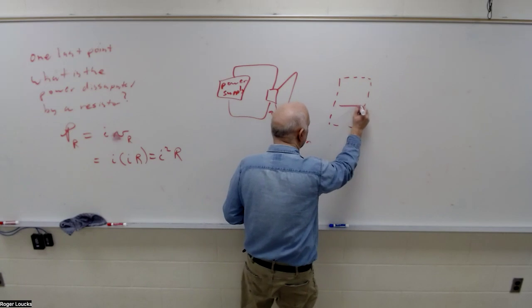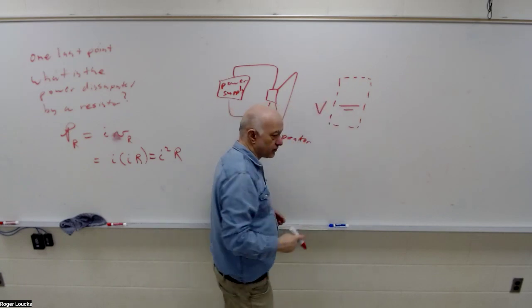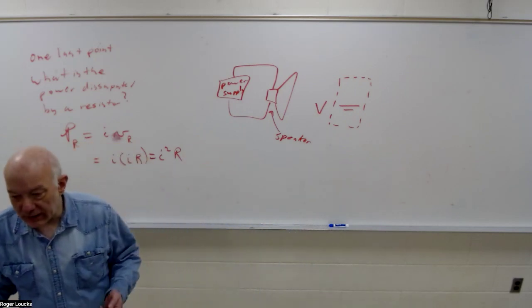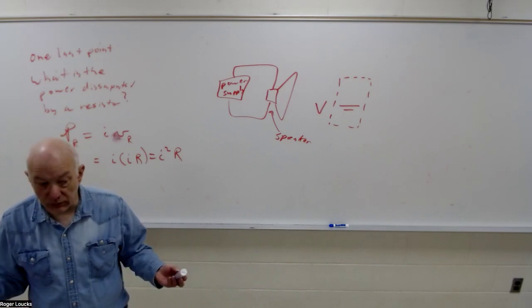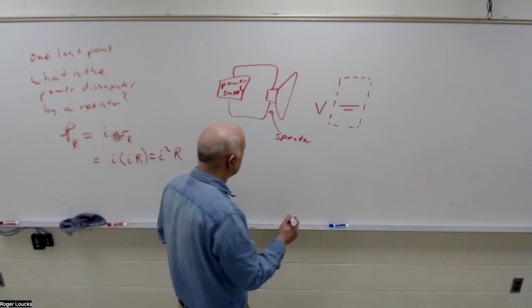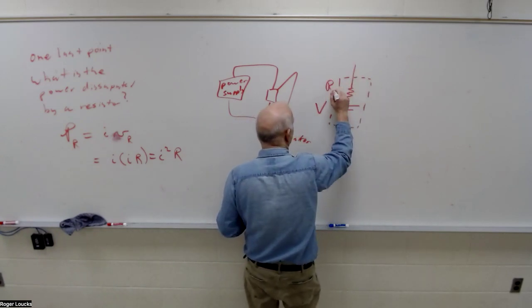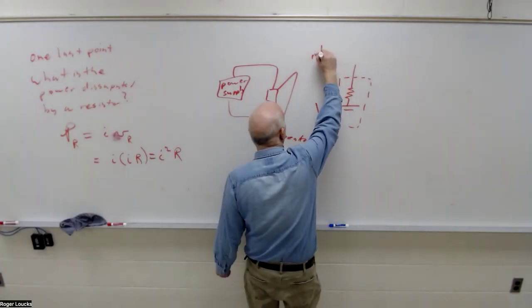I could model it as a battery, right? So this is going to be the V here. That's fixed. I can't change that. Well, what else would the power supply have? Some sort of internal resistance. So this right here, I'll call this R, the power supply. This is internal resistance.